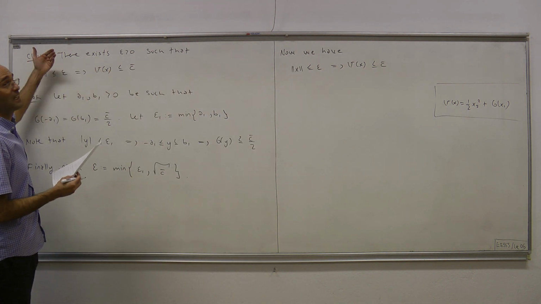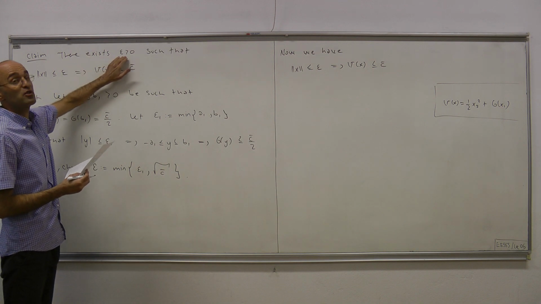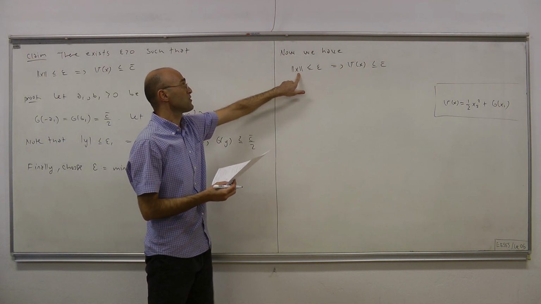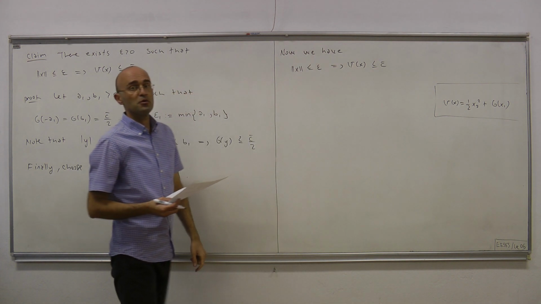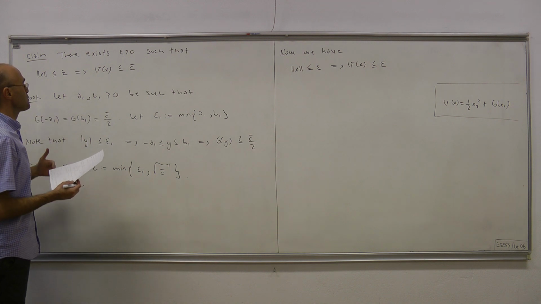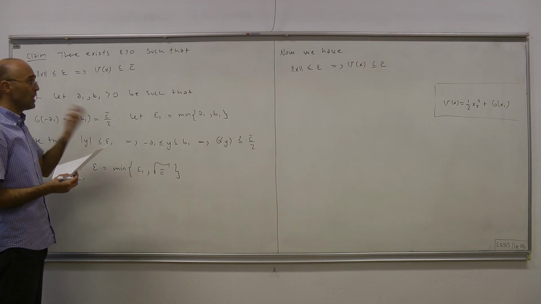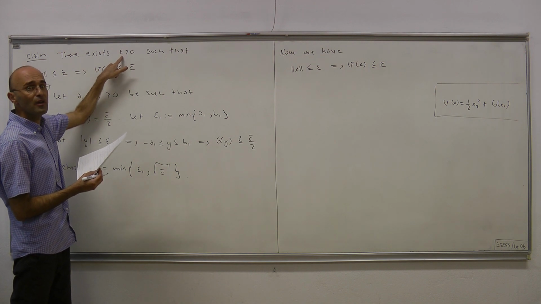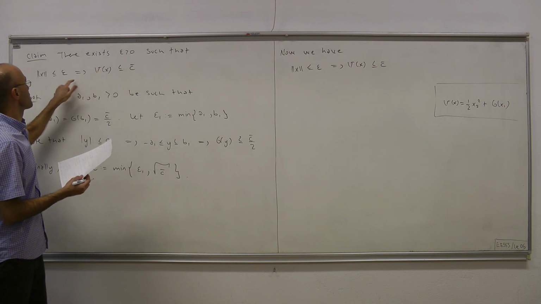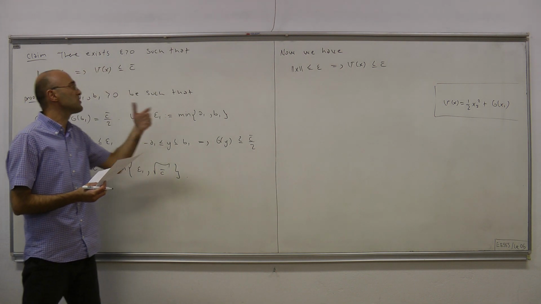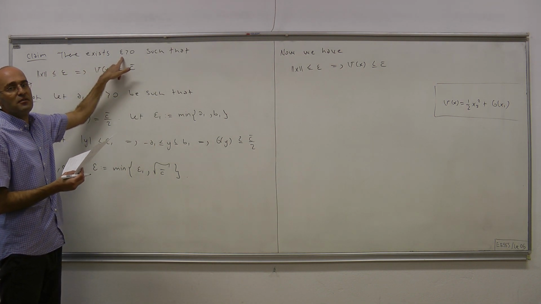That's the claim. The claim says that there must exist an epsilon such that for small enough state, v of x is less than or equal to c bar. In this part of the analysis, we have chosen that particular epsilon with which this claim holds. The claim doesn't care which epsilon you choose as long as it's positive.